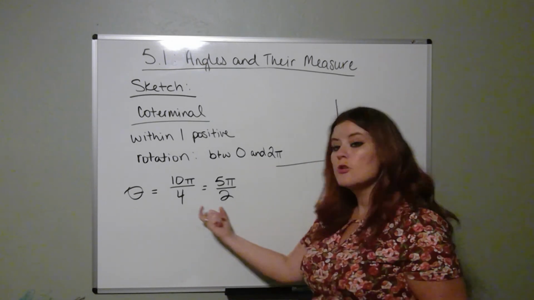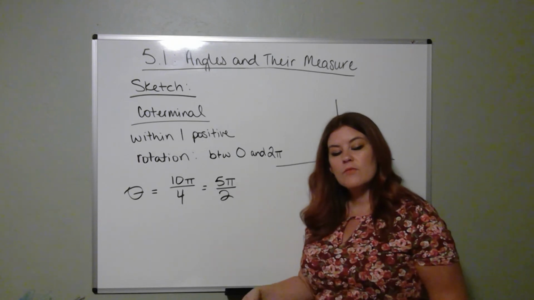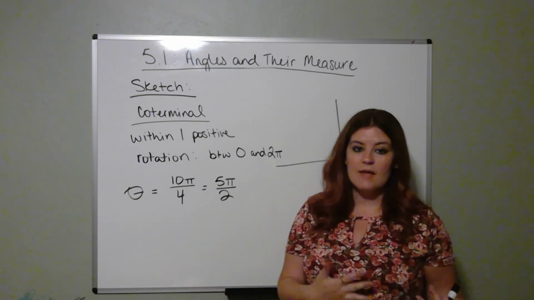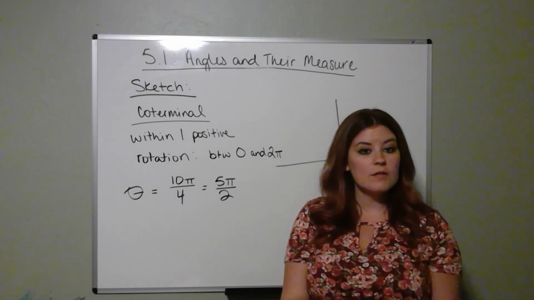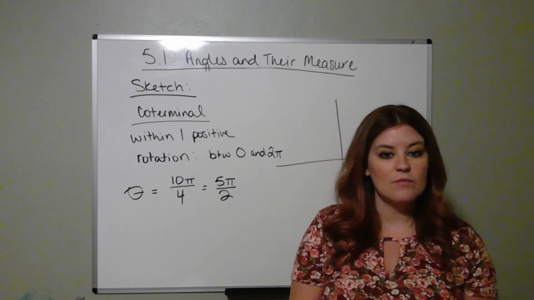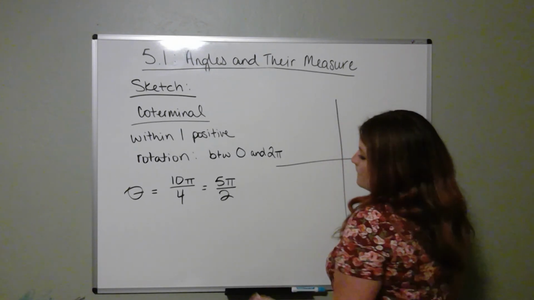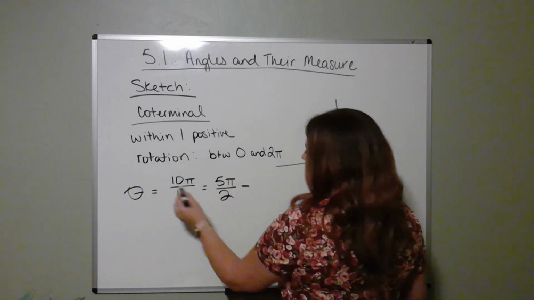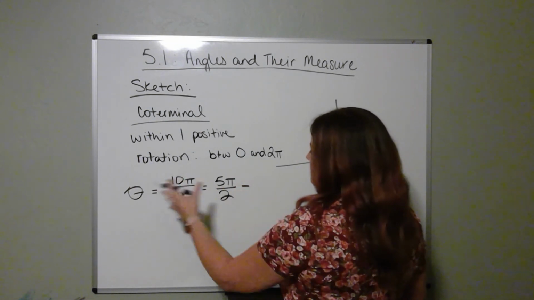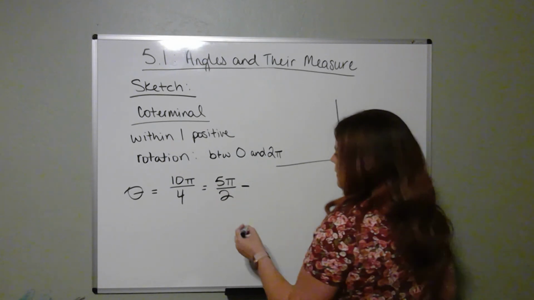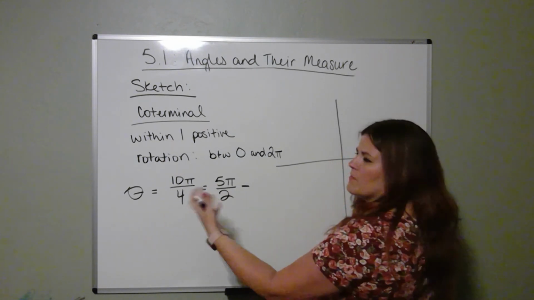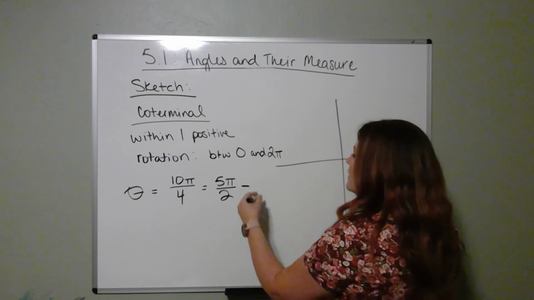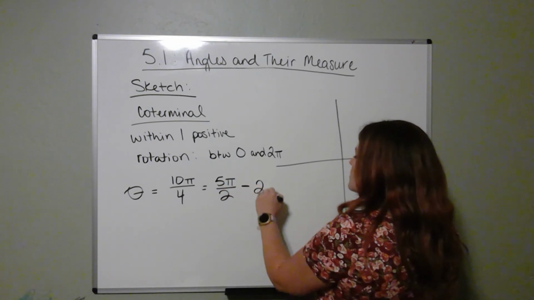Here, because it's larger than 2 pi, it's larger than one full rotation, I'm going to subtract a full rotation, and what's left over is going to be the coterminal angle I'm looking for. So I need to take this and subtract, and I don't care which one you use. You can reduce it first if you want. Your question might not even be the same question, but anyway, I want to subtract 2 pi.